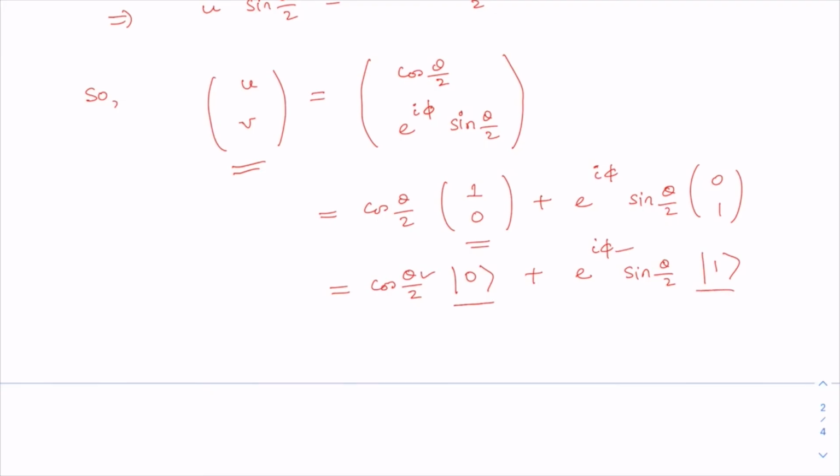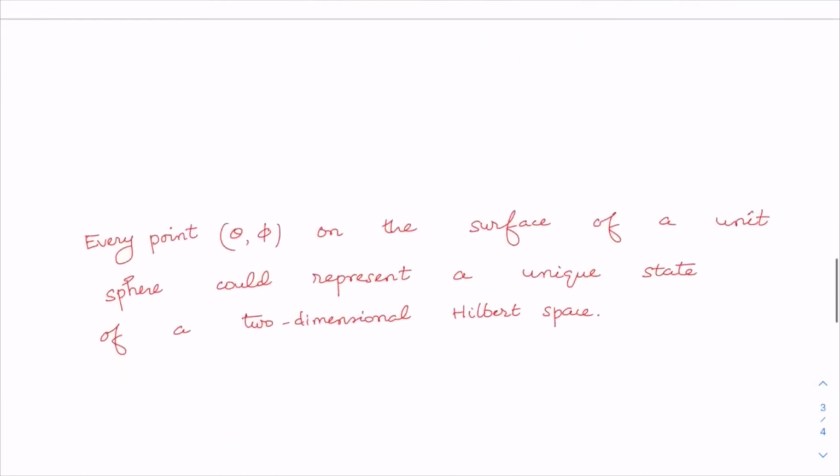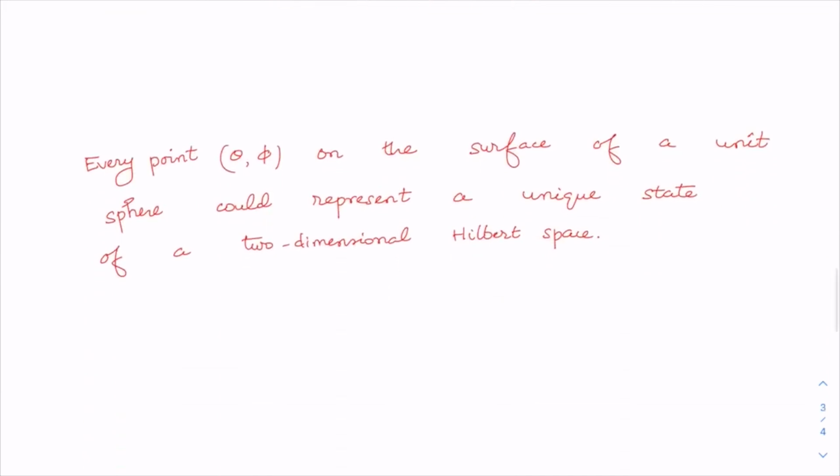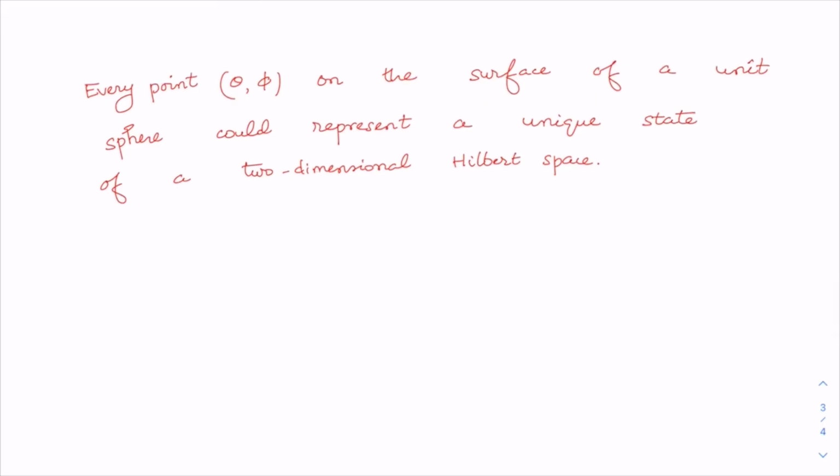So this led Felix Bloch to come up with the idea that every point theta, phi on the surface of a unit sphere could represent a unique state of a two-dimensional Hilbert space. An arbitrary single qubit state can be written as ket psi is equal to cos theta by 2 ket 0 plus e to the power i phi sin theta by 2 ket 1.